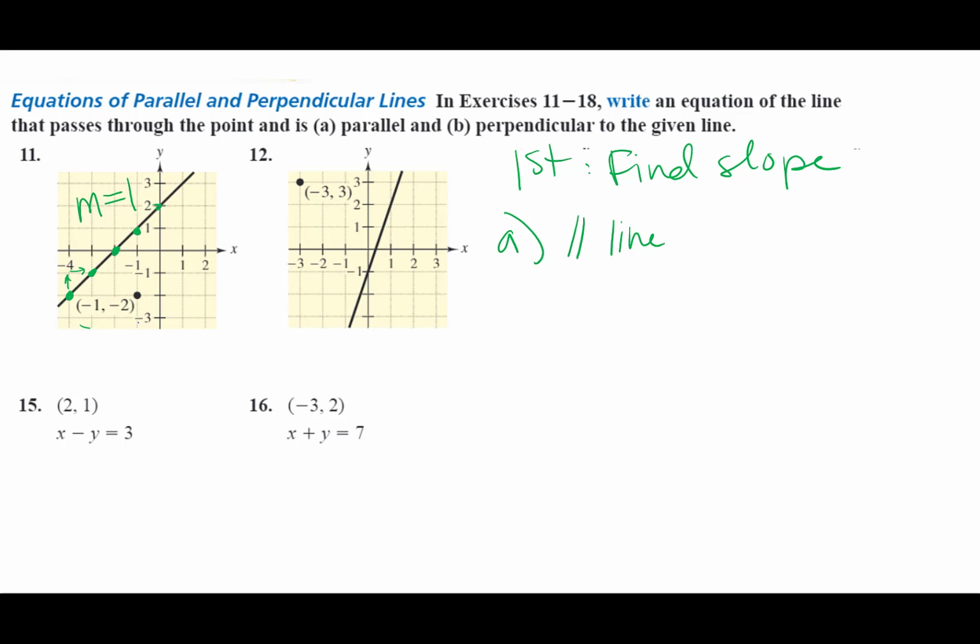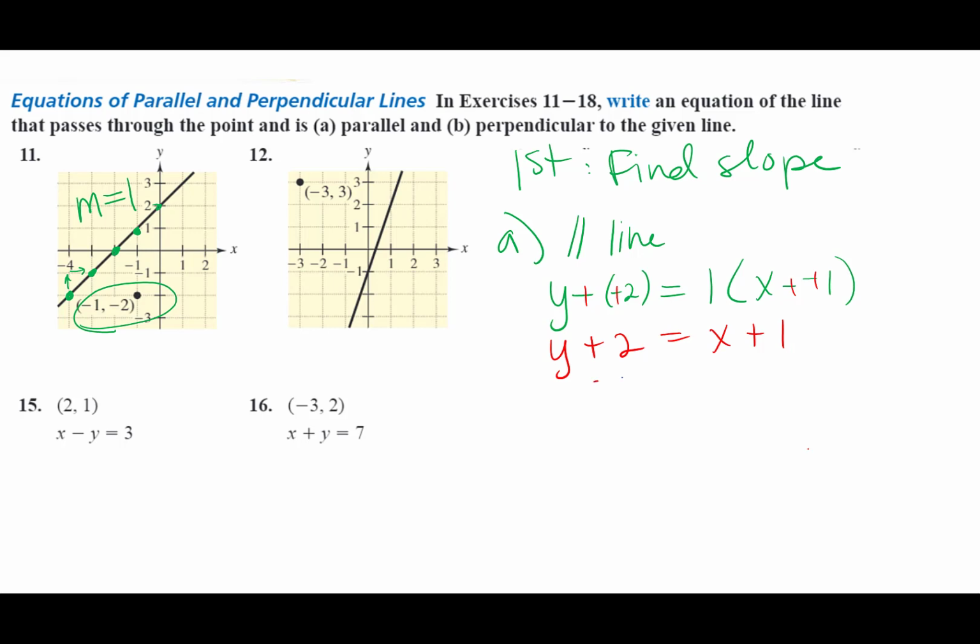So that's the ordered pair that we're going to use for the point slope, and then we're going to use the slope of 1. So this would be y minus -2 equals 1 times x minus -1. Since we have double negatives, we can add the opposite, and that is y plus 2 equals, we actually don't need that 1, so we can just say x plus 1.